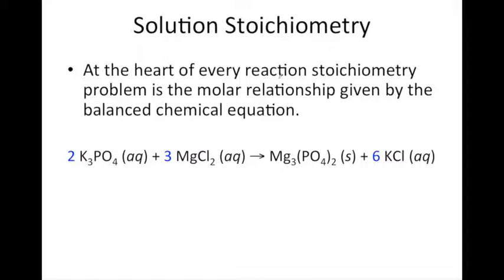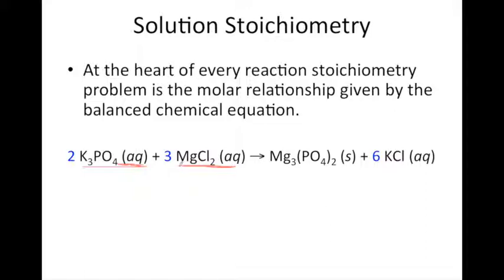At the heart of every reaction and solution stoichiometry problem is the molar relationship given by the balanced chemical equation. So here we have a couple of solutions, potassium phosphate solution. Again, aqueous means we have the ionic compound potassium phosphate dissolved in water, and we're going to mix that together with a magnesium chloride solution.